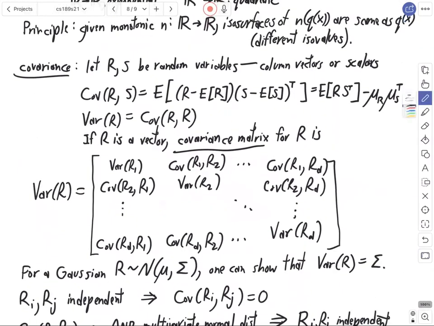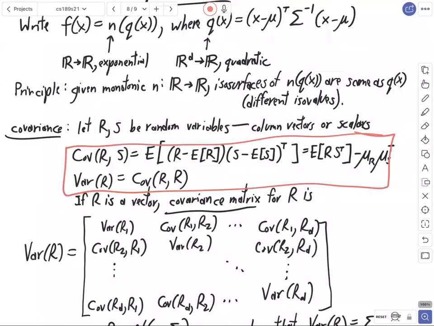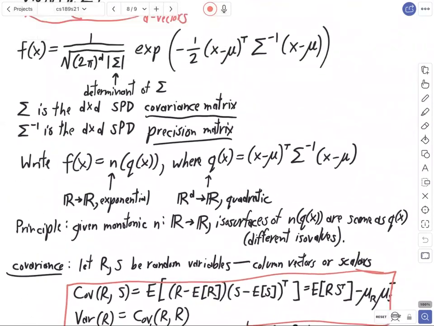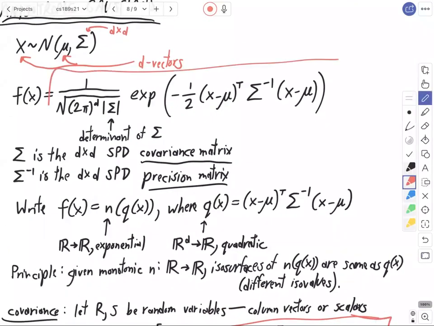The definition of var R is this. And it's not at all obvious that if you take R to be a function whose PDF is this, that var R is going to turn out to be sigma. That isn't something that we made happen. That is a property that you actually have to prove mathematically by doing an integral.